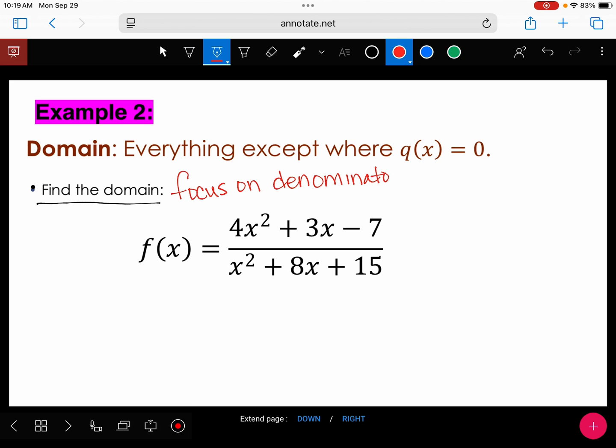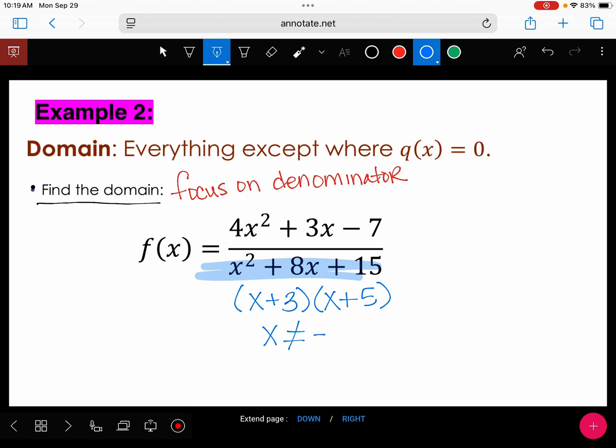So what I'm going to do is simply factor my denominator. And when I factor that down, I get two numbers that multiply to 15 and add to 8, which is 3 and 5, which means that x cannot equal -3 or -5.